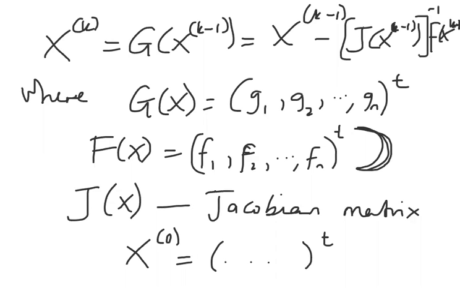Now, you'll notice that every time you are evaluating x_k, you need to find the inverse of this Jacobian matrix. So if you don't want to find the inverse of that matrix, then you can use this other way of evaluating x_k. How are we going to do it? We are going to let the whole of this be equal to y_(k-1).